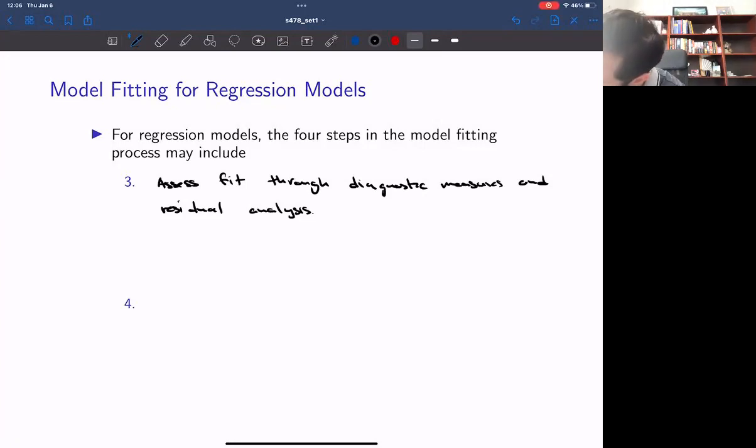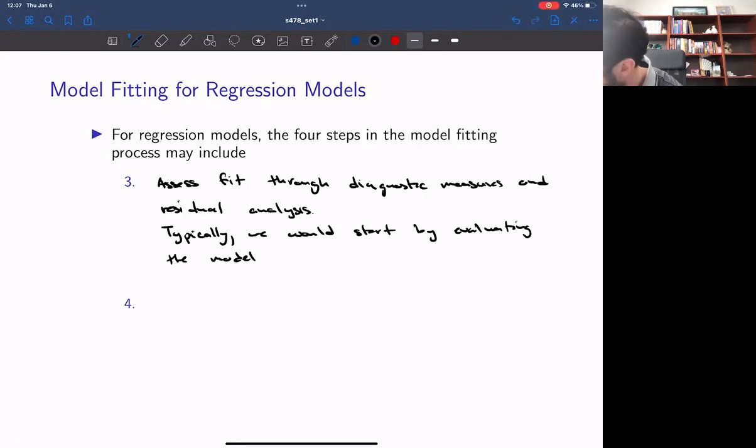So typically we would start by evaluating the model assumptions.